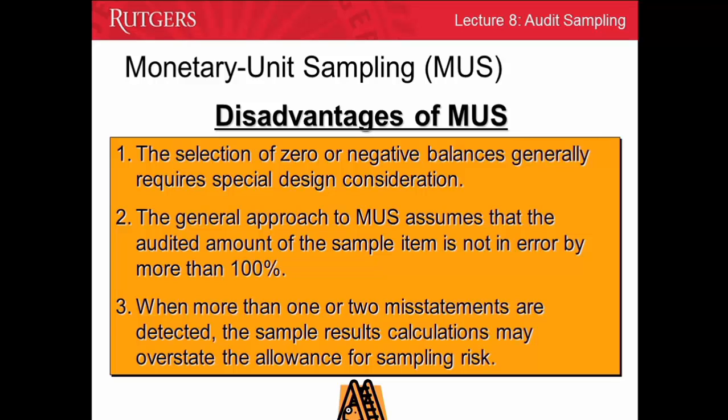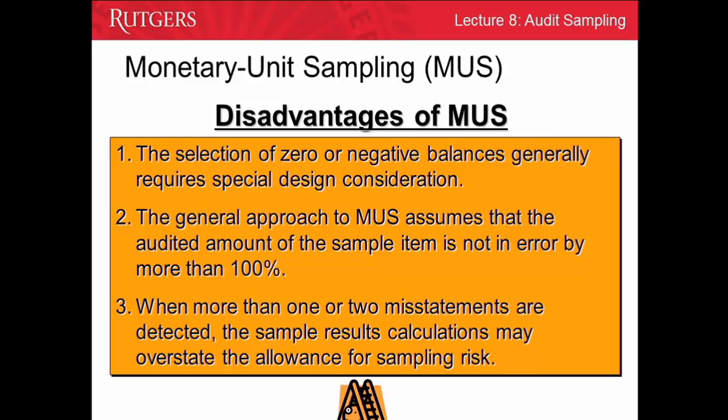For example, suppose an accounts receivable account contains a debit balance book value of $1,500. If the auditor determines that the correct value for the account should be a credit balance of $3,000, the account will be in error by 300%. Such an item would require special consideration when the auditor projects the amount of misstatement.